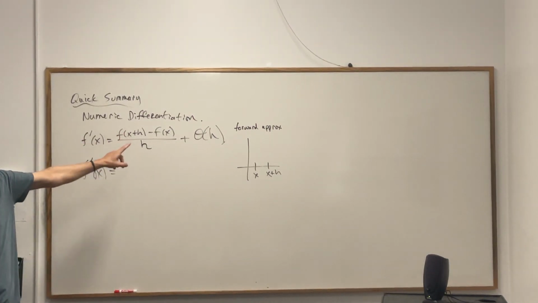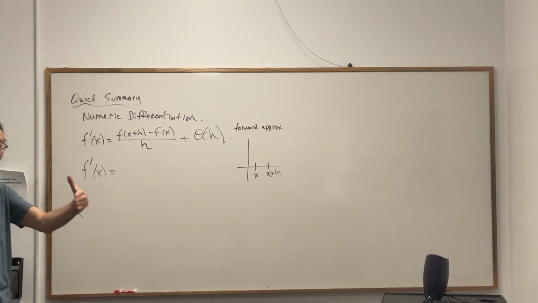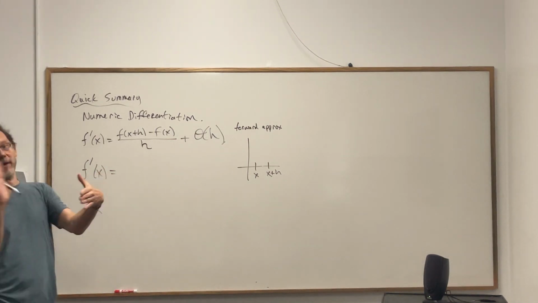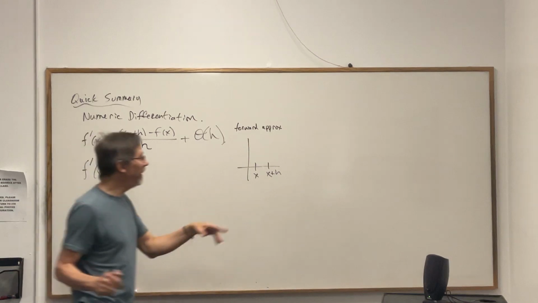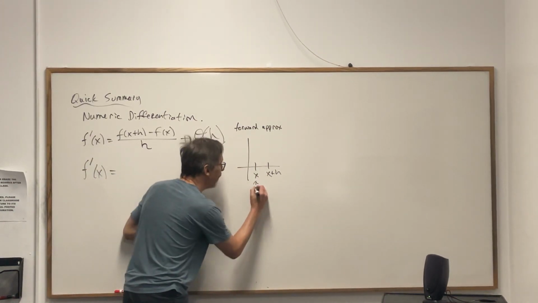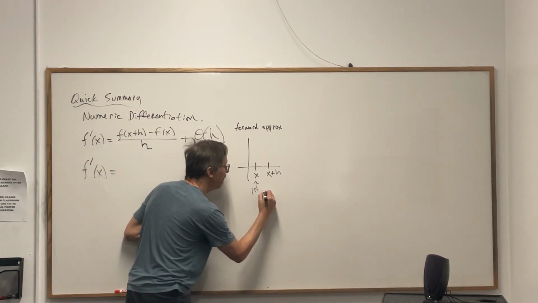This approximation is mostly used at the start of a data set when you don't have anything to the left, so this would generally be my first data value.